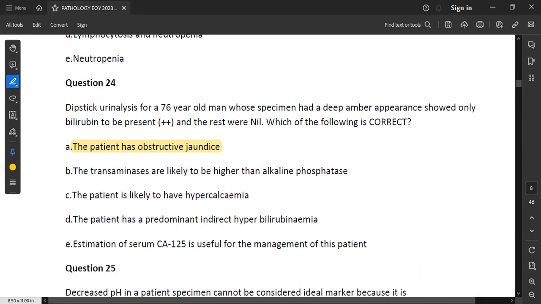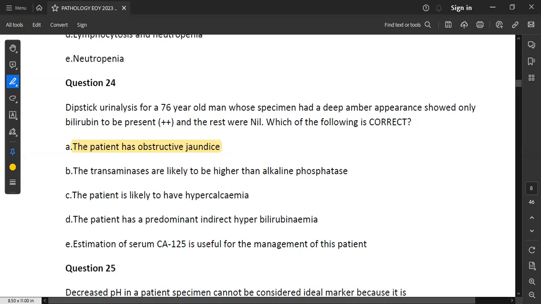So in plasma, we have both conjugated and unconjugated bilirubin. The urine becomes dark brown due to the excess conjugated bilirubin going through, and the stool is usually pale grayish due to deficiency of stercobilin.